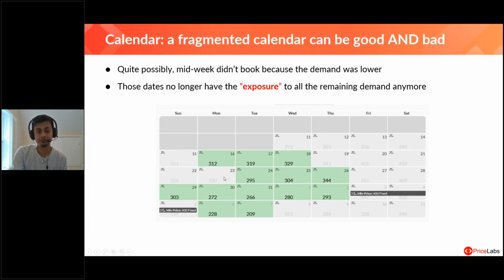Anybody who wanted to book a weekly stay anywhere in this month is not going to be able to, because the calendar is very fragmented. So the middle dates already were low demand midweek days, but once your weekends get booked up, the chances of them booking go even lower.